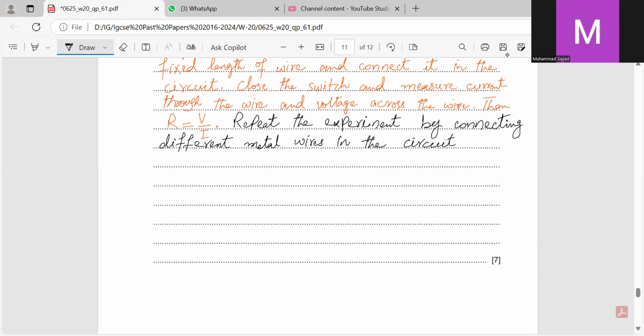Whatever the experiment is, you have to write this: repeat the experiment by, now in this case, connecting different metal wires in the circuit. And in any other experiment, whatever the independent variable, we will be changing the independent variable to collect more sets of data. So that is very important.